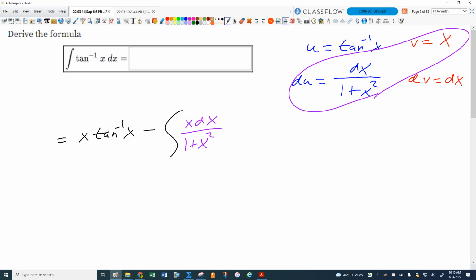So what would my u substitution be now? And now we're done with integration by parts. Now we just have to finish the deal by doing the integral that we're left with, right? We have to simplify the integral of v du, which is this. So what's my choice of u there?